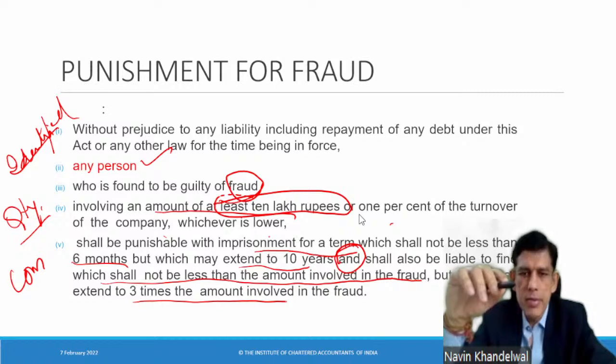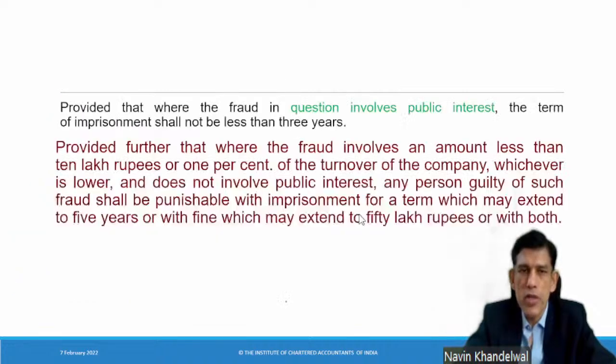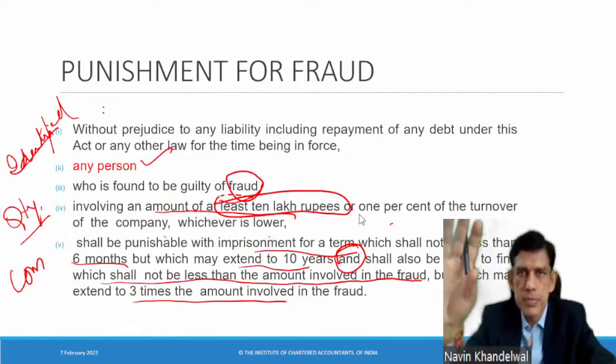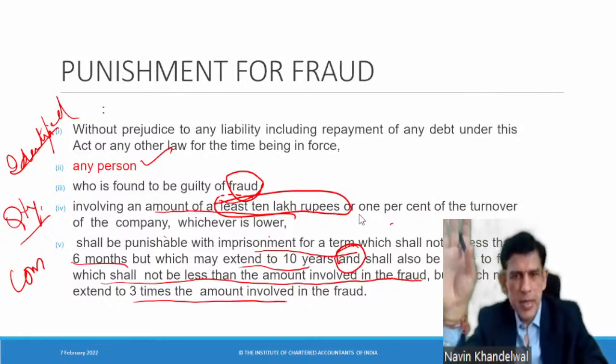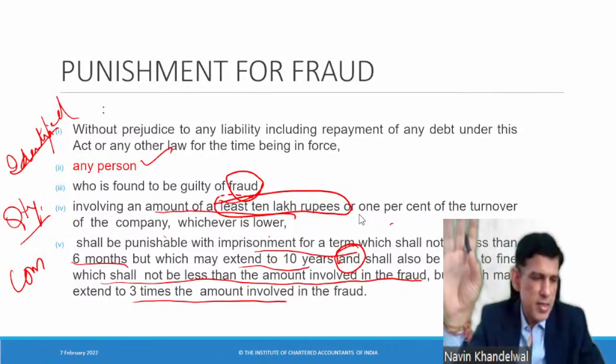So fine to the extent of the amount of fraud, or maximum, it can go to 3 times the amount involved in the fraud. That is the first situation, friends.